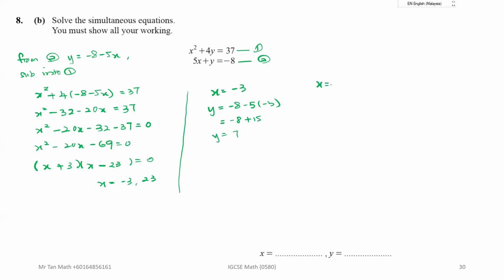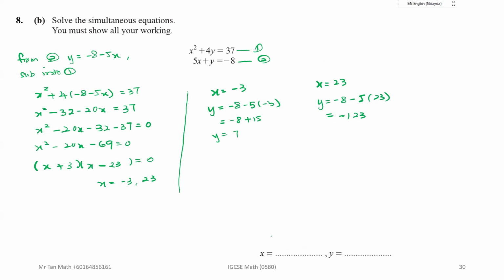When x equal to 23, y equal to minus 8 minus 5 times 23, that equal to minus 123.